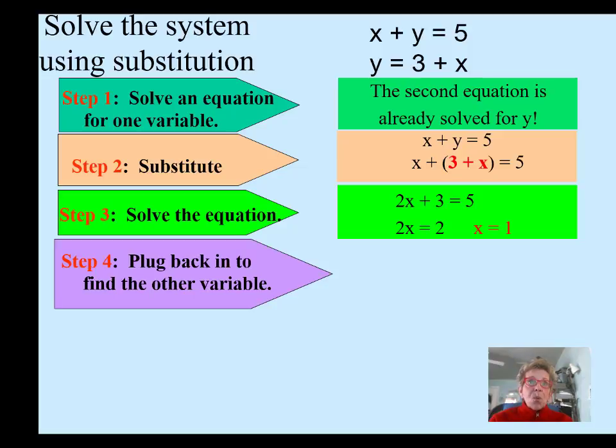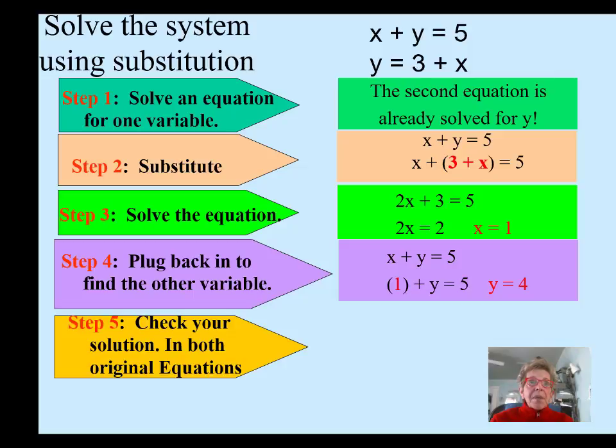Next, I'm going to plug that 1 back into the other equation to solve for y. And actually, you can plug it into either equation. When I plug that into x plus y equals 5, that gives me 1 plus y equals 5, and y would equal 4. Check my solution in both original equations.